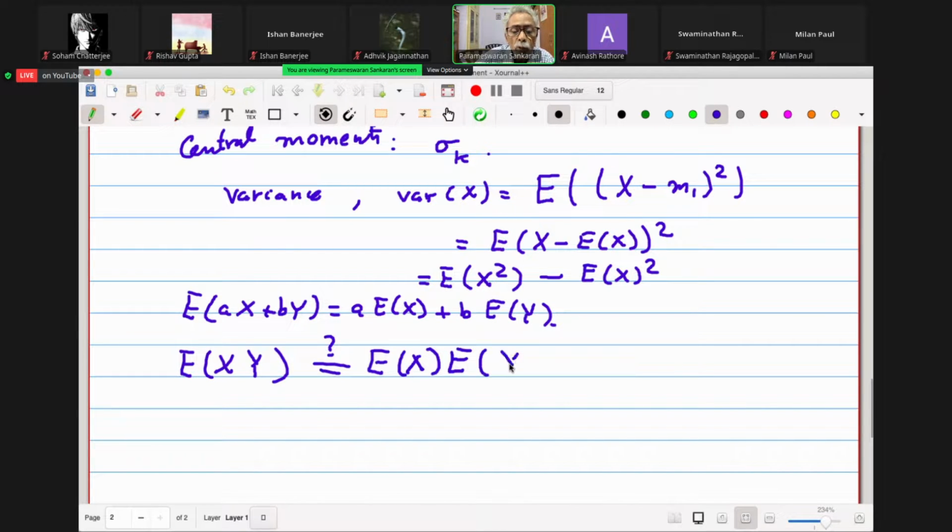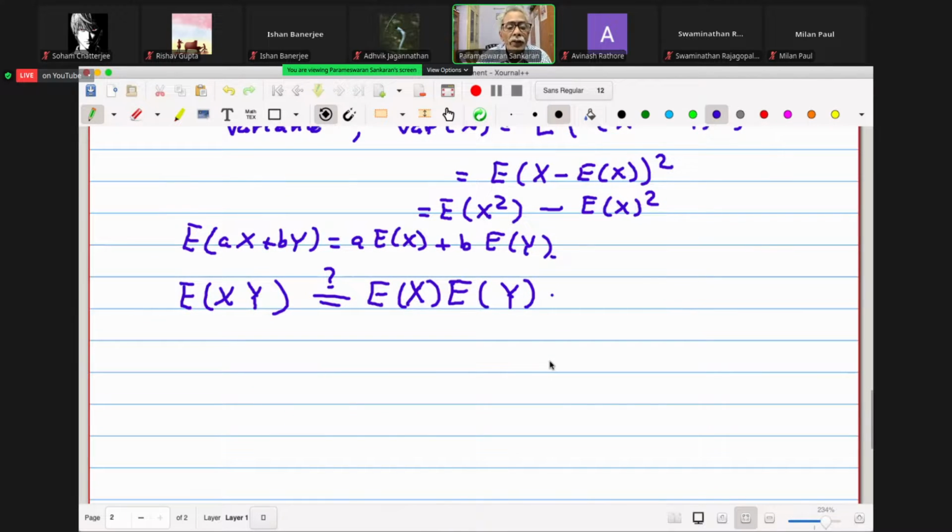That's not true in general. Simple examples can be computed, but we have the following. So not true in general.